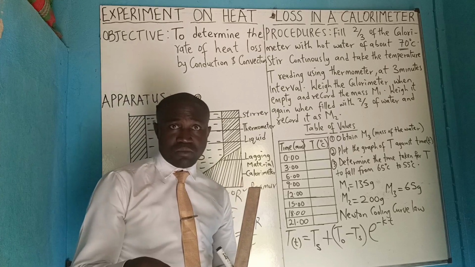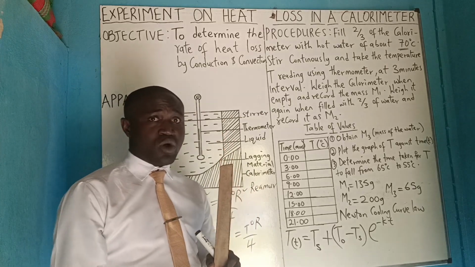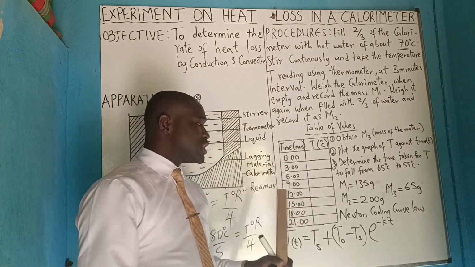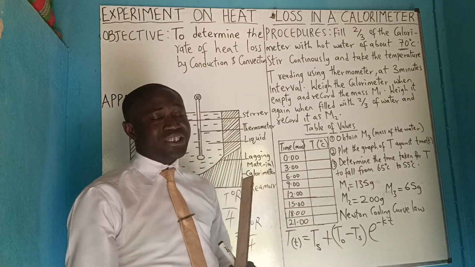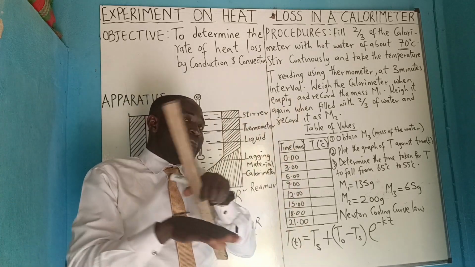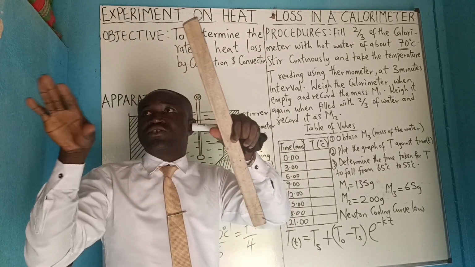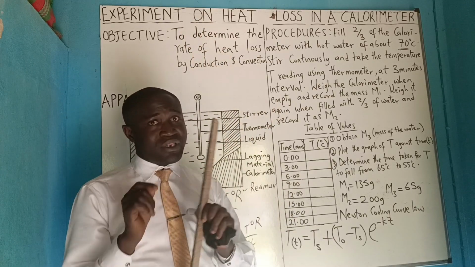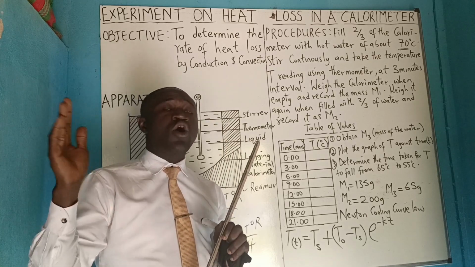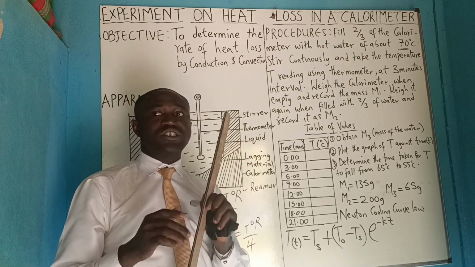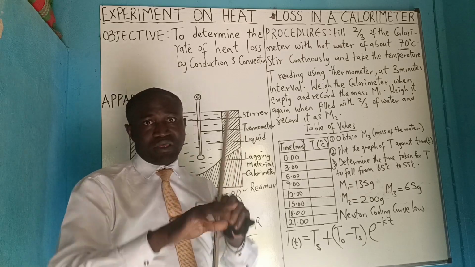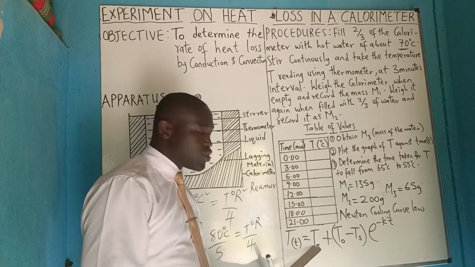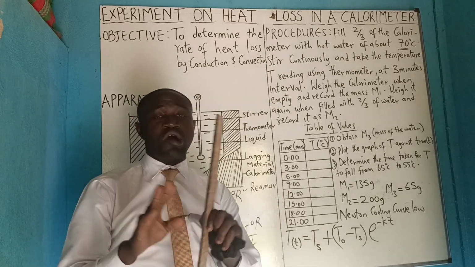In this part of the world, our room temperature is between 25 to 27 degrees Celsius. In my environment, as I took the room temperature, I got 27 degrees Celsius. In your own laboratory, you also check the temperature of the room to get T_S, the temperature of the surrounding.